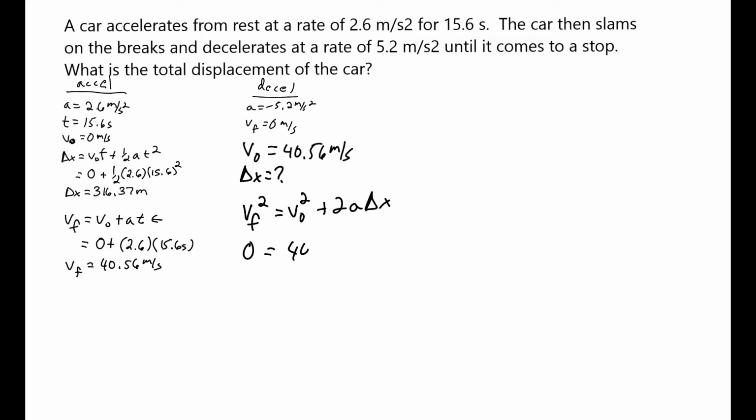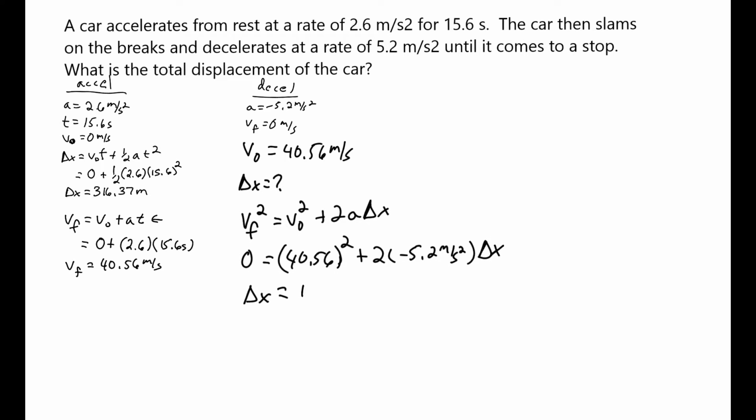V0 is 40.56 quantity squared plus 2 times negative 5.2 meters per second squared times delta x, which is what we're looking for. So when we solve that for delta x, what do we end up with? I'm going to pause it with you. So when you do the math of this, you get delta x equals 158 meters.